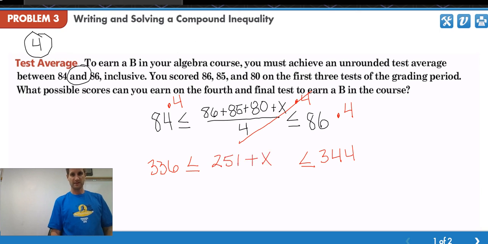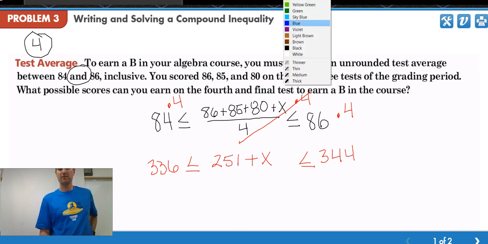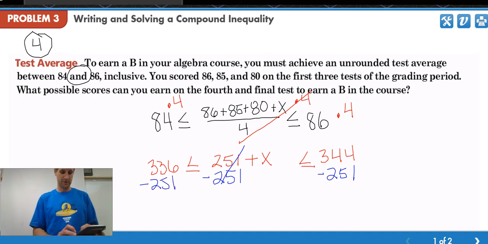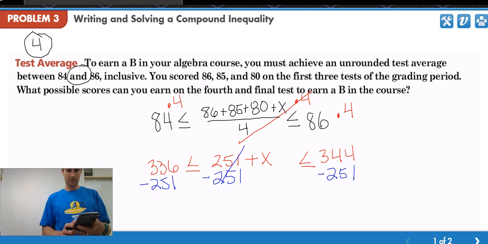plus x. Okay, to get x by itself, I need to go ahead and subtract 251 from both sides. Cancels. Whatever I do to one side, I have to what? You gotta do it to the other side. So okay. And let's go ahead and use our calculator. 336 minus 251. So I have to get an 85.